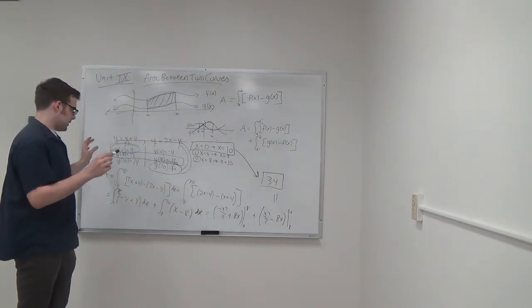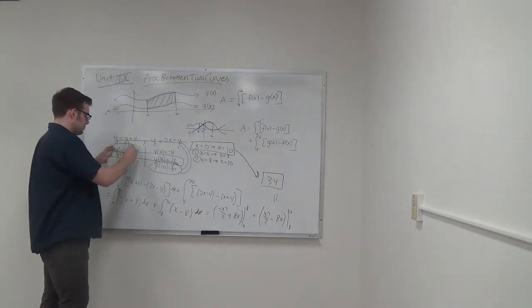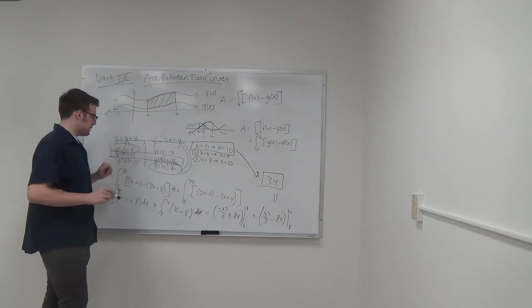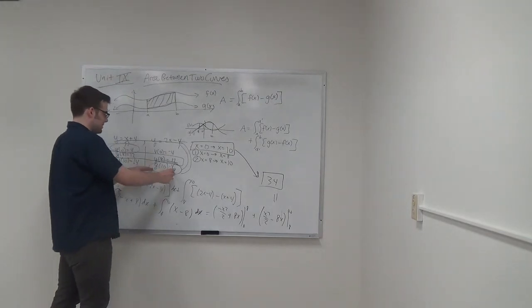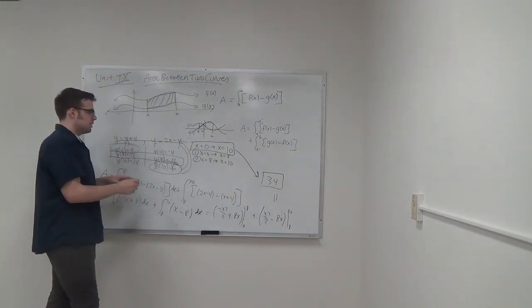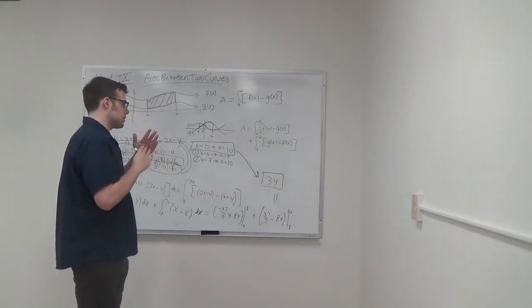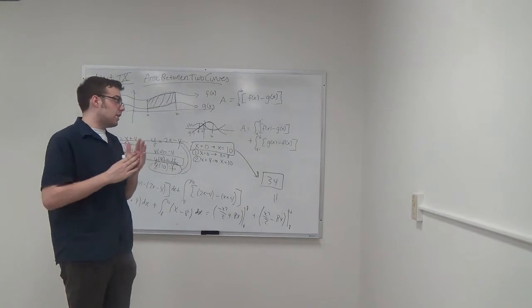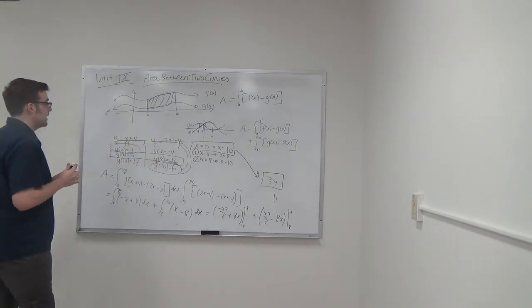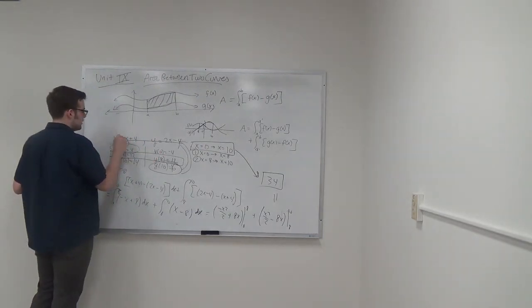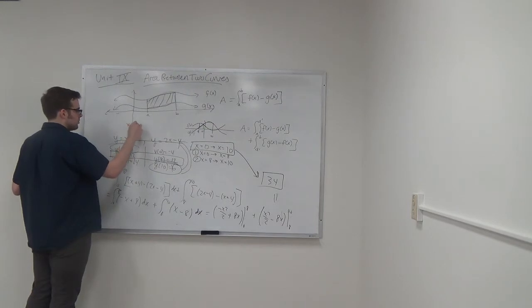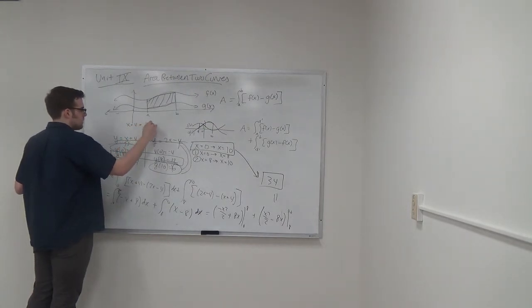However, from 0 to 10, at 0, this is dominant. At 10, this is dominant. At some point, the two functions crossed. Using our principles of algebra, namely setting these functions equal to each other, x plus 4 is equal to 2x minus 4.